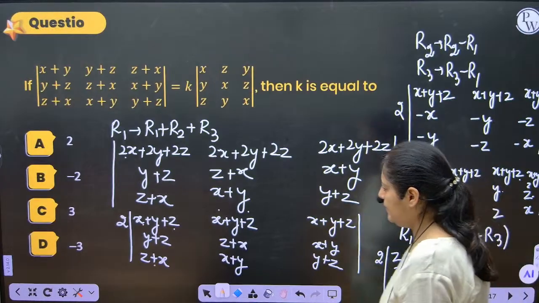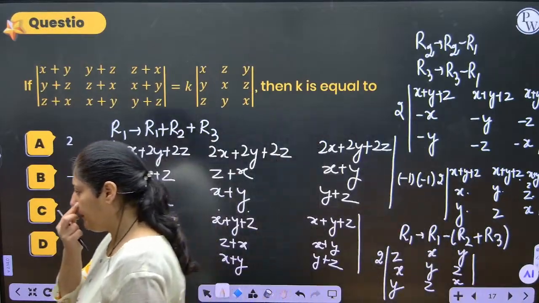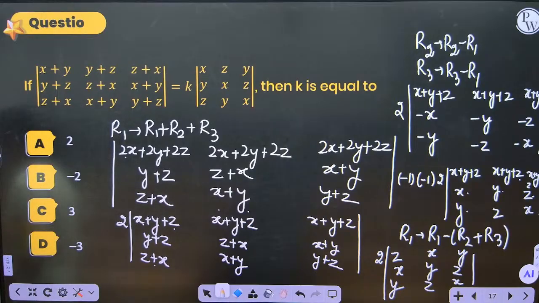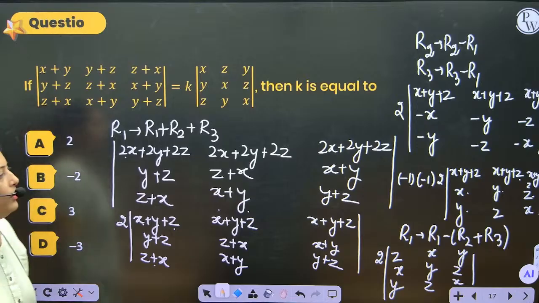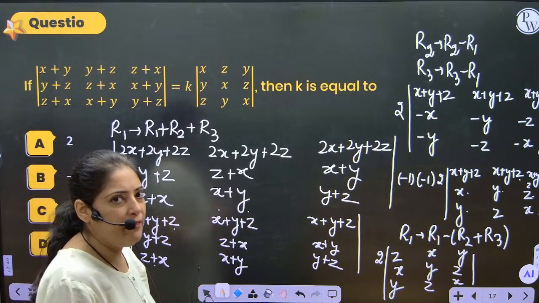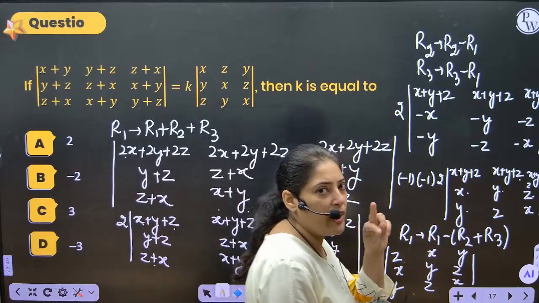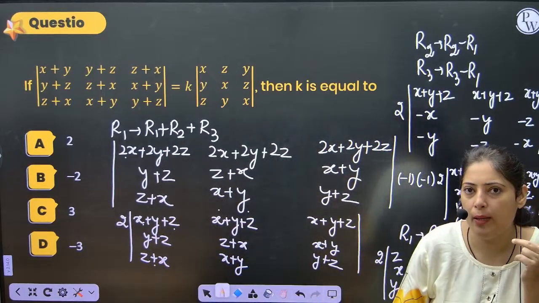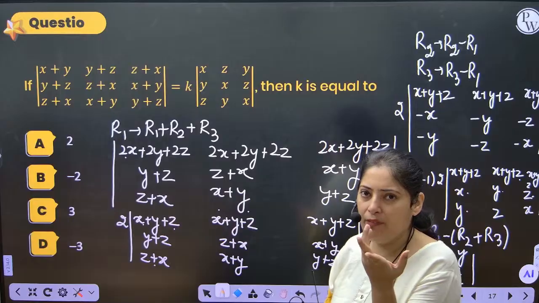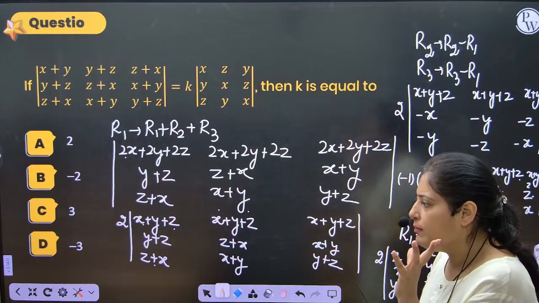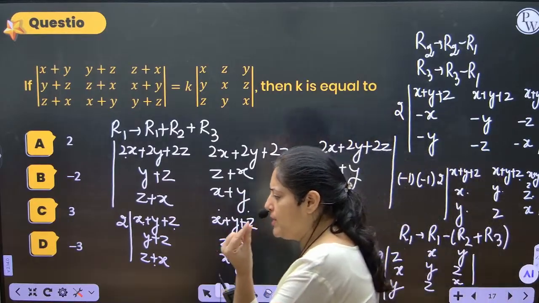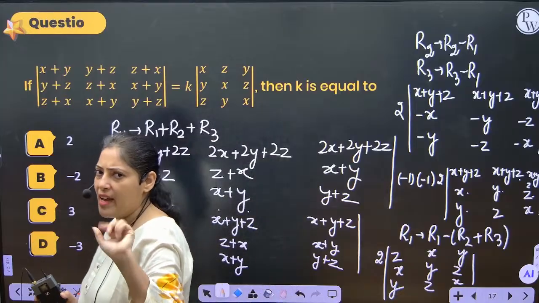Note it quickly. That property we have done, no? If we are interchanging two rows or two columns, the numerical value of the determinant remains the same, but the sign gets changed.